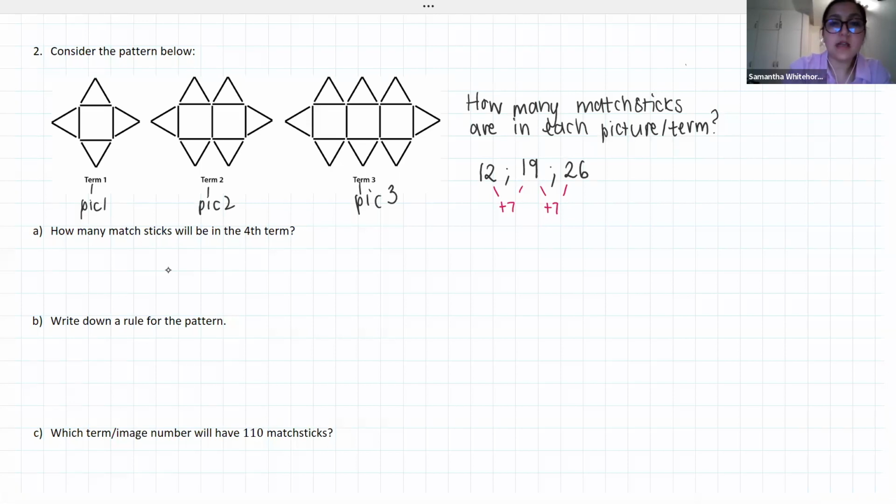So that means that when we are asked this next question, how many matchsticks will be in the 4th term or in the 4th picture, that's quite nice and easy. So everyone on the chat, how many will there be in the 4th picture?